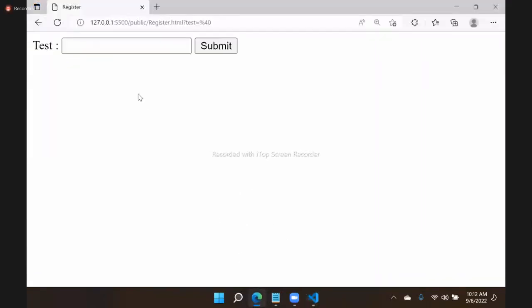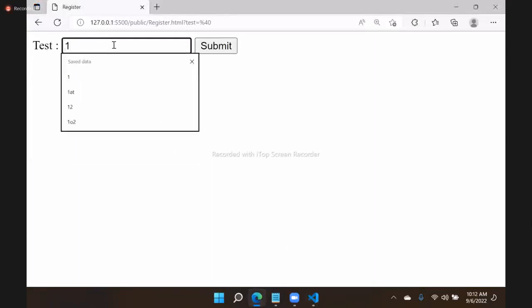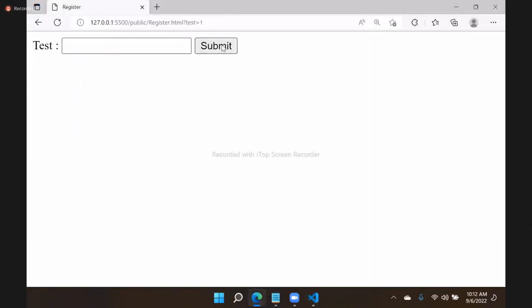Now let's enter. I am typing here 1. It is allowed. I am typing A. It is allowed. I am typing uppercase. It is also allowed. I am using underscore. Underscore is also allowed. I am using $ or hash or @, it is not allowed.